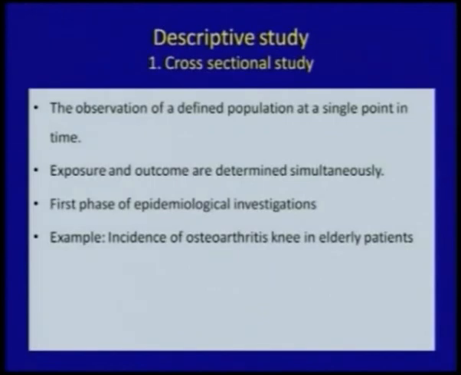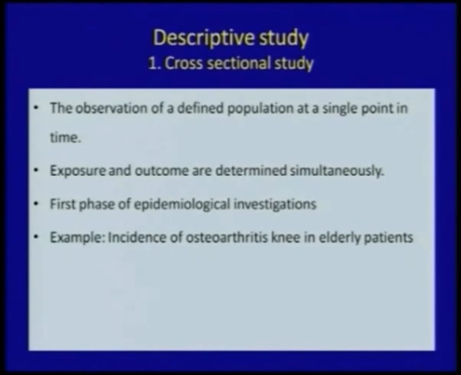An example of a descriptive study is a cross-sectional study. By definition, it is the observation of a defined population at a single point of time. When we are studying at a single point of time, both the exposure to the risk factor and the outcome, that is the disease, have already occurred in that population. So it is usually the first phase of most epidemiological investigations.